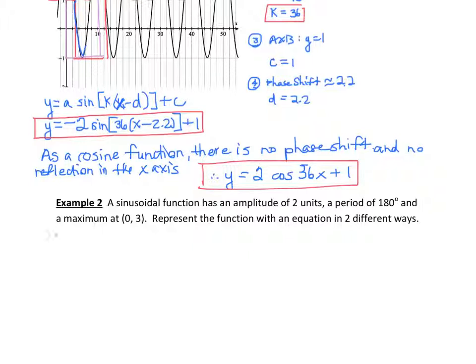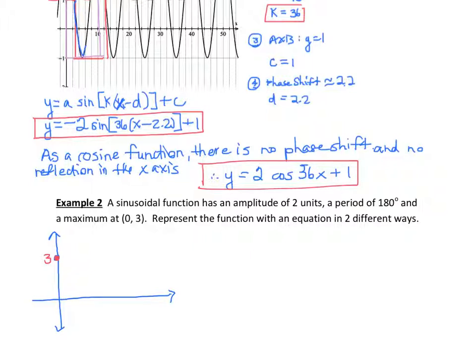So if we make a little bit of a sketch here, it says we have a maximum point at (0, 3). So right up here at 3, we have our first max point.